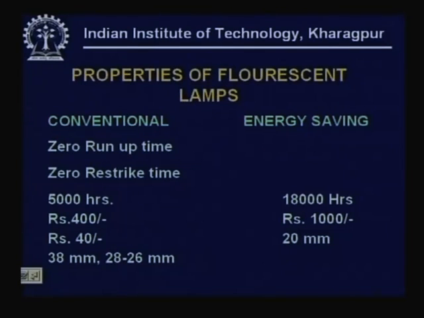Now, here the idea of putting cost figures is to get a relative comparison. You have 5000 hour burning life as against the energy saver having about 18,000 hours of burning life. The total unit along with the accessories may come at today's cost around 400 rupees, whereas the lamp alone in case of the energy saver would come around 1000 rupees, and the diameter of course is 20 mm, remember that.